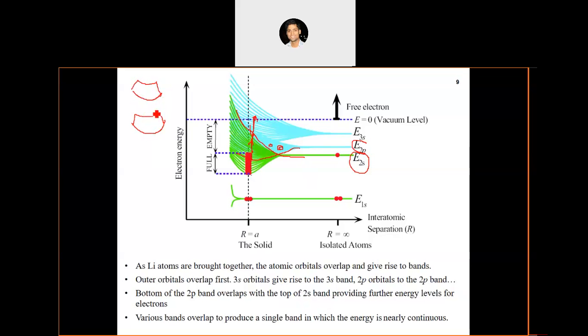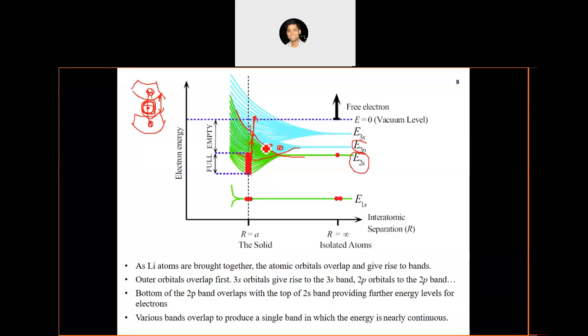If there are no energy levels, an electron can never be in this region. Either it has to be here, or it will be here. So if it wants to go from this band to this band, it will have to make a jump. It will have to have a certain amount of energy, only then will it go from one band to the other, because there are no allowed energy levels in this gap here, right?